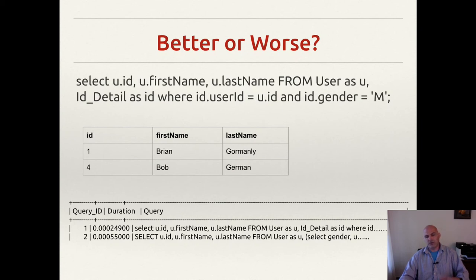You'll see the commands for that in the text I put of the dump. Essentially it shows that the first query is the standard join that we were using before, and it was done in 0.000249 seconds. And then the one with the subselect in the from clause was a little bit more than double the amount of time, right?